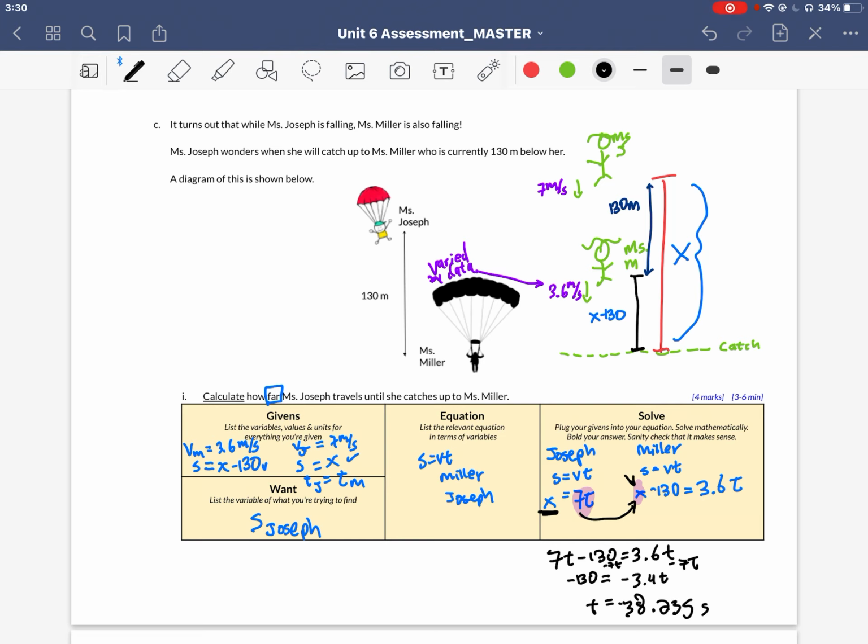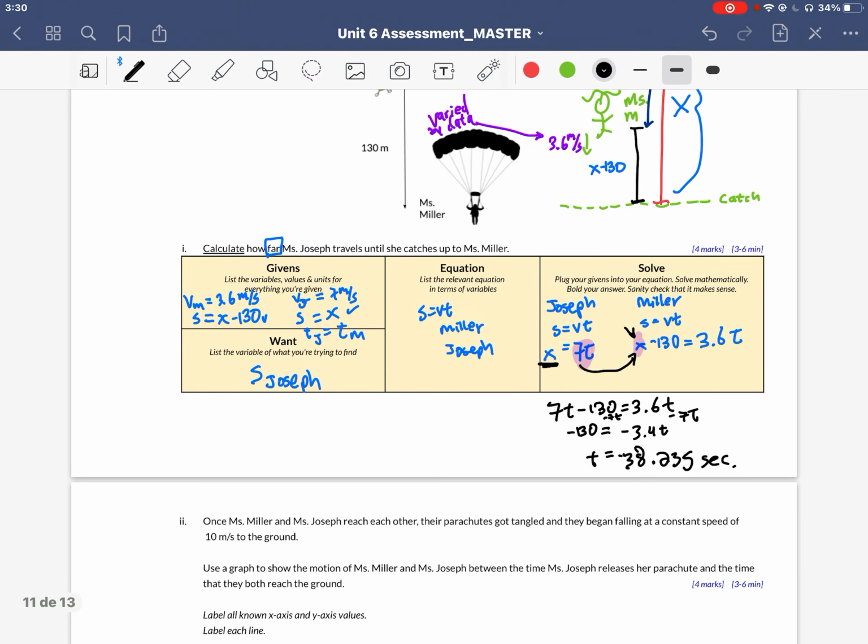t is equal to 38.235 seconds. Okay, and now remember I was looking for the displacement of Miss Joseph, so now I need to solve for that. I can plug this t back into one of the equations, and this is not negative, this is positive 38.235 seconds.